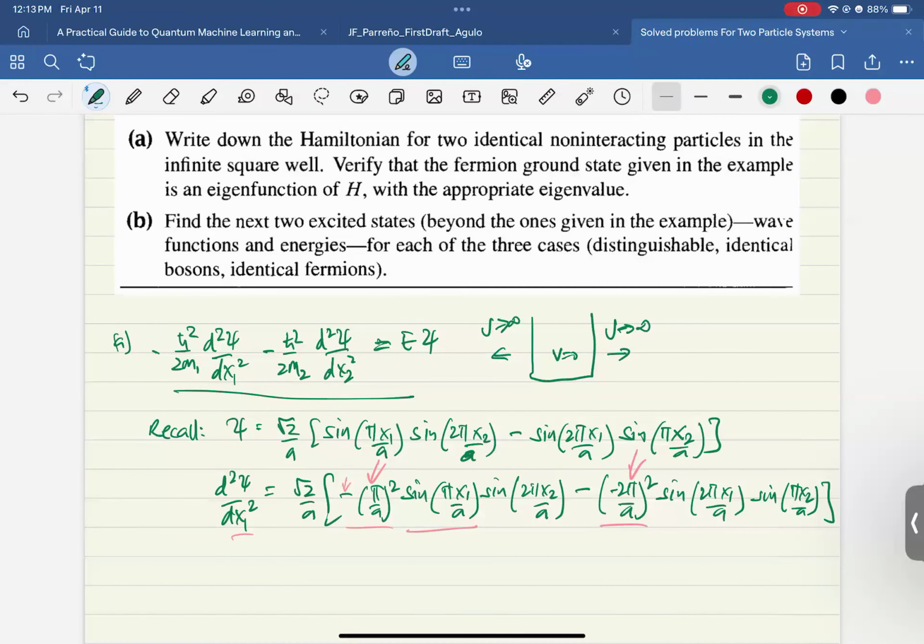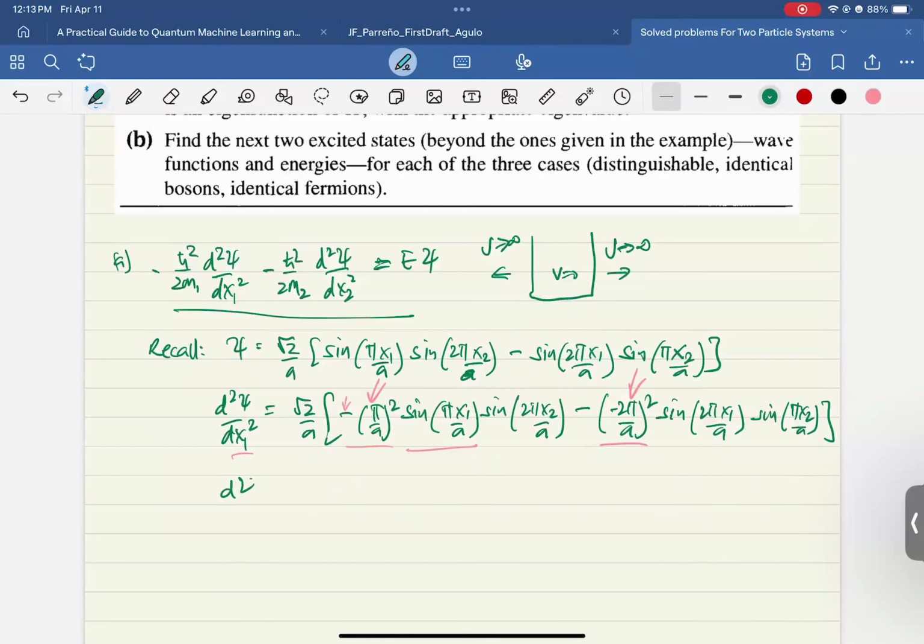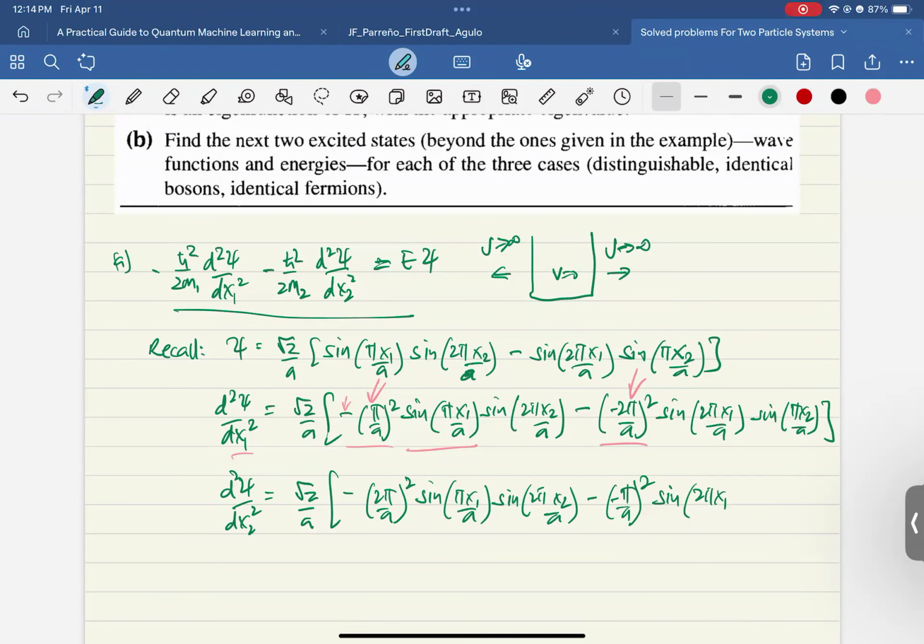Next, we take the second derivative with respect to x2. So square root of 2 over a, then we have negative 2 pi over a squared sine pi x1 over a sine 2 pi x2 over a minus pi over a squared sine 2 pi x1 over a sine pi x2 over a.